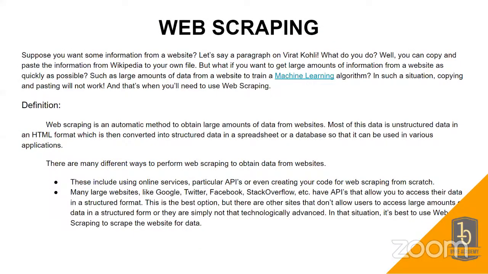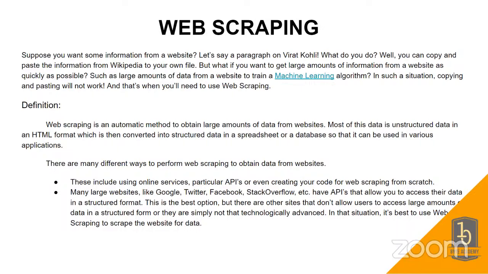Suppose you want some information from a website, let's say a paragraph on Virat Kohli. You can simply copy paste manually to your text file, but that is feasible for just one paragraph, maybe two, maybe 10.